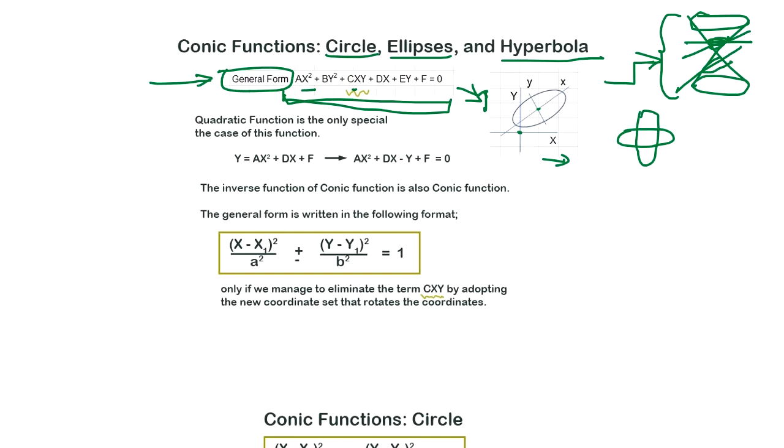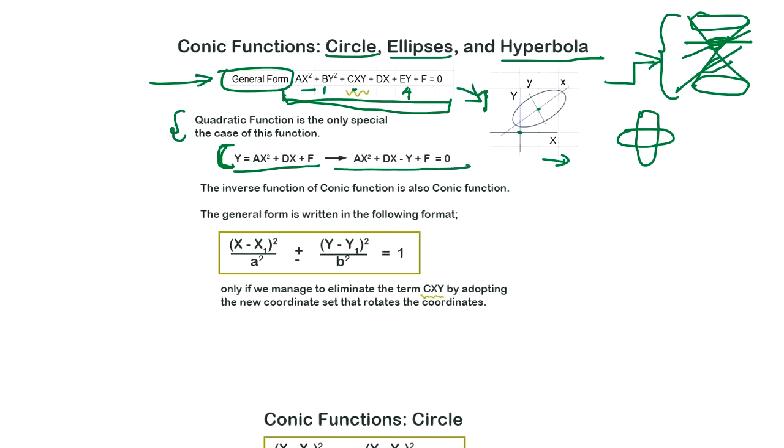Basically it's a quadratic function. Suppose coefficient b is 0 and c is 0, then you can make it y equals something in x. If you make this form, you know it's a quadratic function, right?